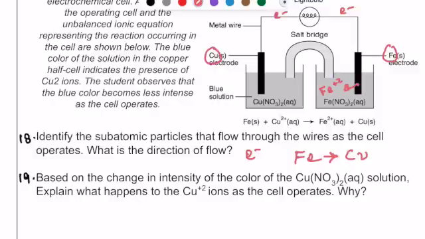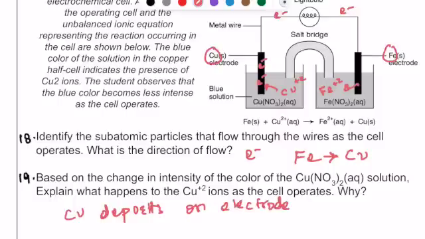And the copper electrode is going to get the electrons, and those electrons are going to attract the copper ions from the solution. When that happens, copper gets deposited on the copper electrode, and the mass of the copper electrode increases.